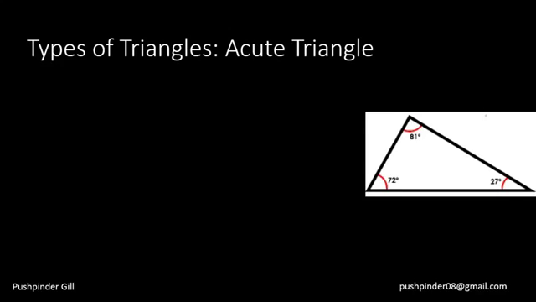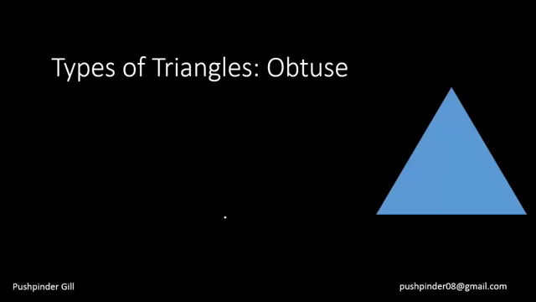I'm just going to give you this in layman's language. The first type of triangle is called an acute triangle. Acute triangles are the triangles in which all angles are less than 90 degrees. Now the other type of triangle is the obtuse triangle.